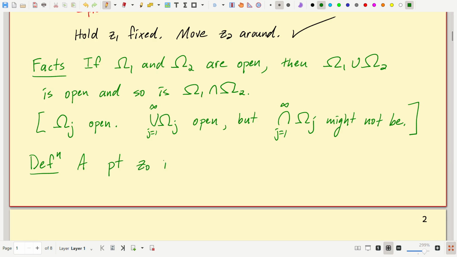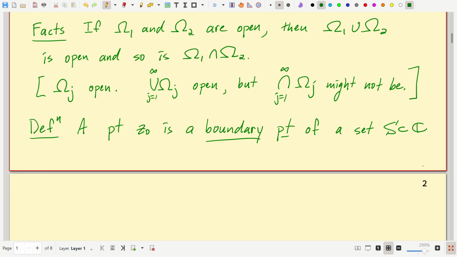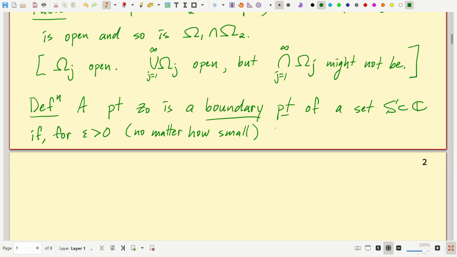So a point z naught is a boundary point of a set S in the complex plane if for every epsilon bigger than 0, no matter how small, the disk D epsilon about z naught contains a point in S and a point outside of S.